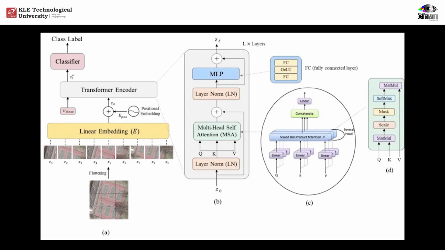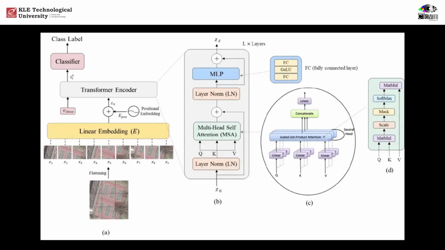Without this information, the network would not be able to know where each such image would be placed, leading to potentially wrong predictions. These tokens are then passed, together with a special classification token, to the transformer encoder's blocks, where each is composed of a layer normalization, LN, followed by a multi-head self-attention, MSA, and a residual connection.